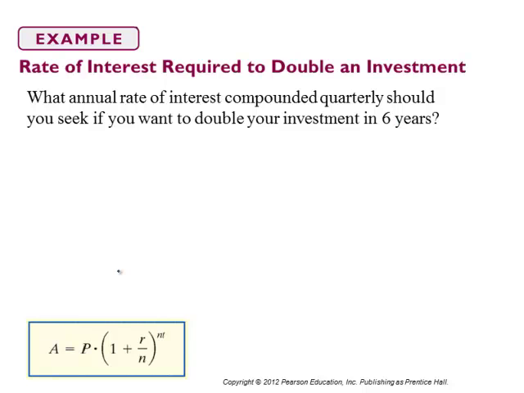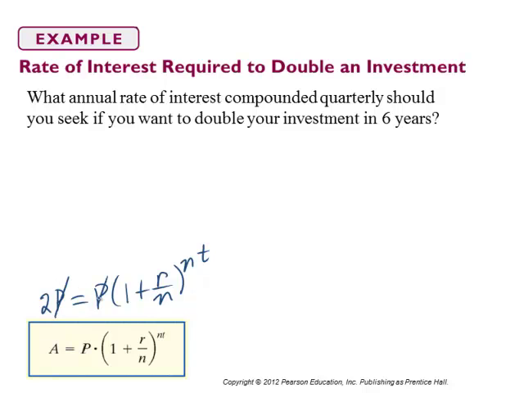And if we want to talk about doubling, that means that A is going to be 2P, as in twice the original principal. So if A is going to be twice the original amount, you can replace A by 2P. So this is kind of what it's going to look like.